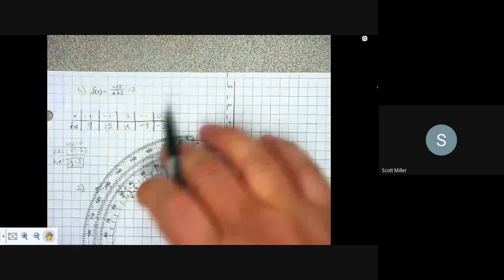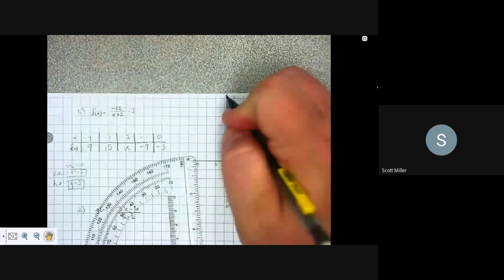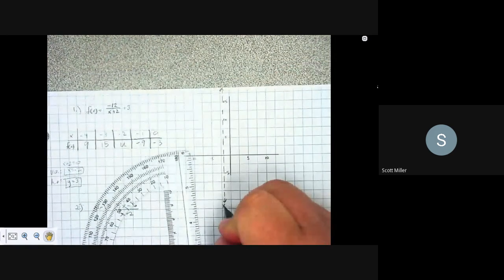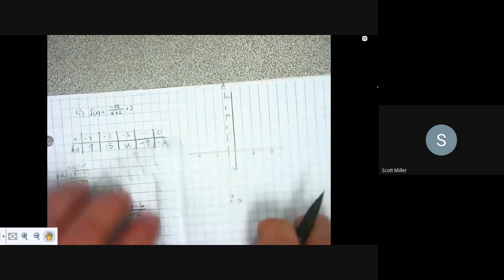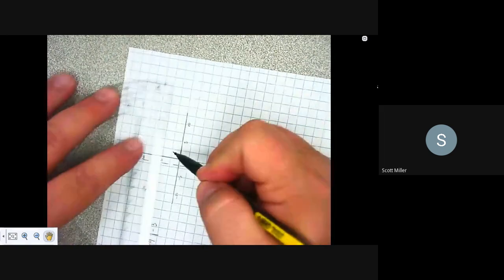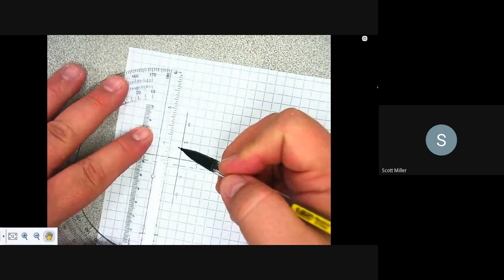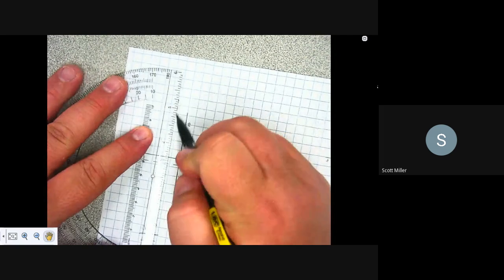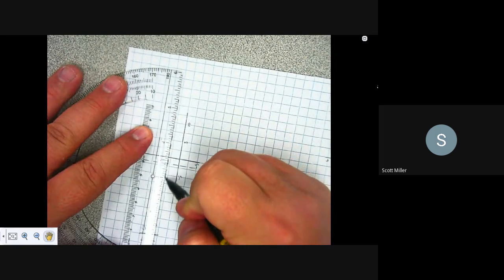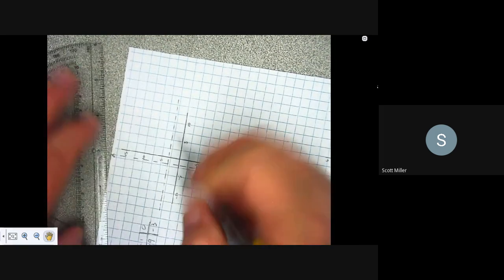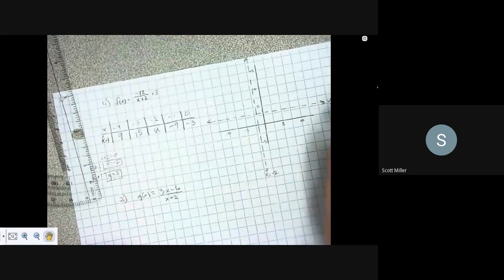And then we have a horizontal asymptote at 3, which is slightly above 2.5. So there's my horizontal asymptote, y equals 3.